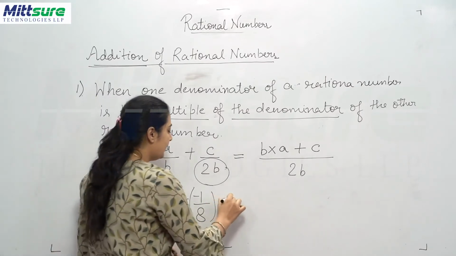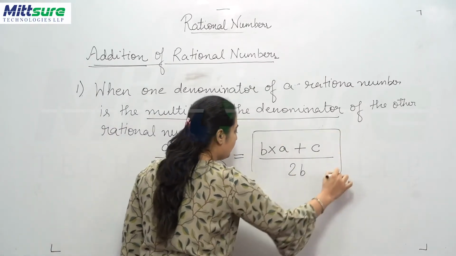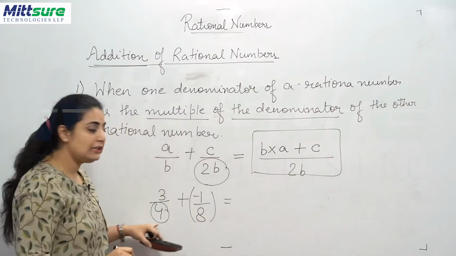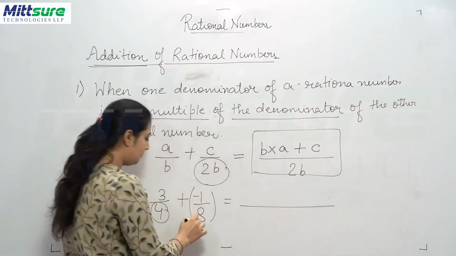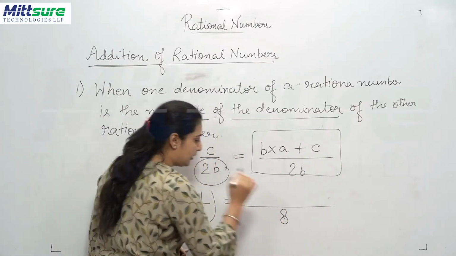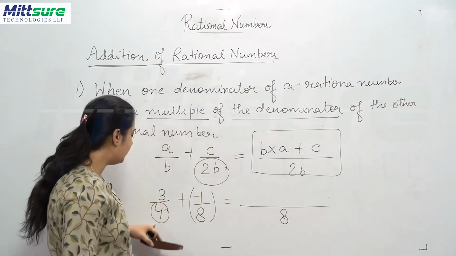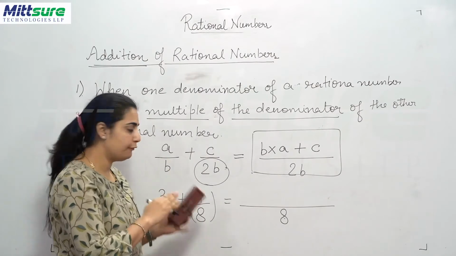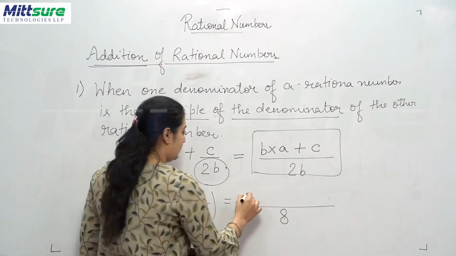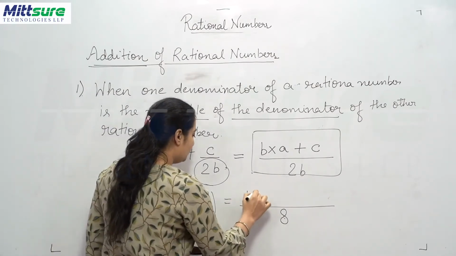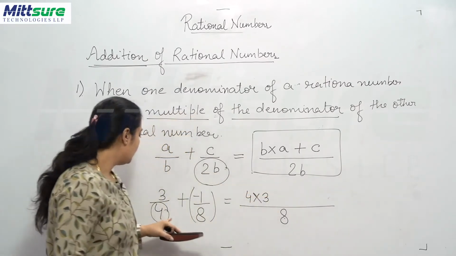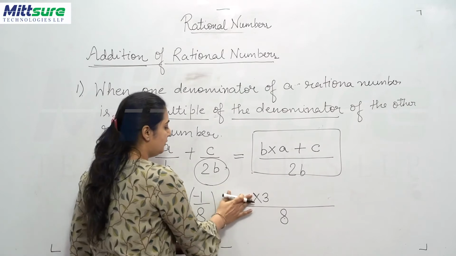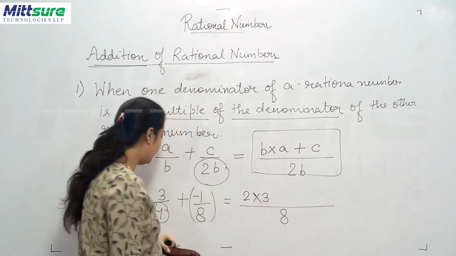So again, the same condition will be applied to these two rational numbers. Let's see what happens. 2b means 8. I will write here. Then this will be changed to the equivalent form. How? 4 into 3, right? Here it will be 2, right?